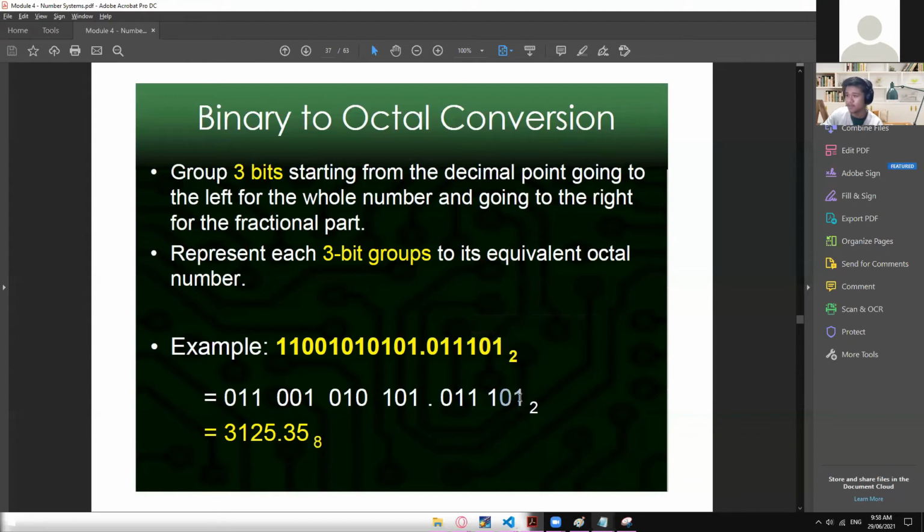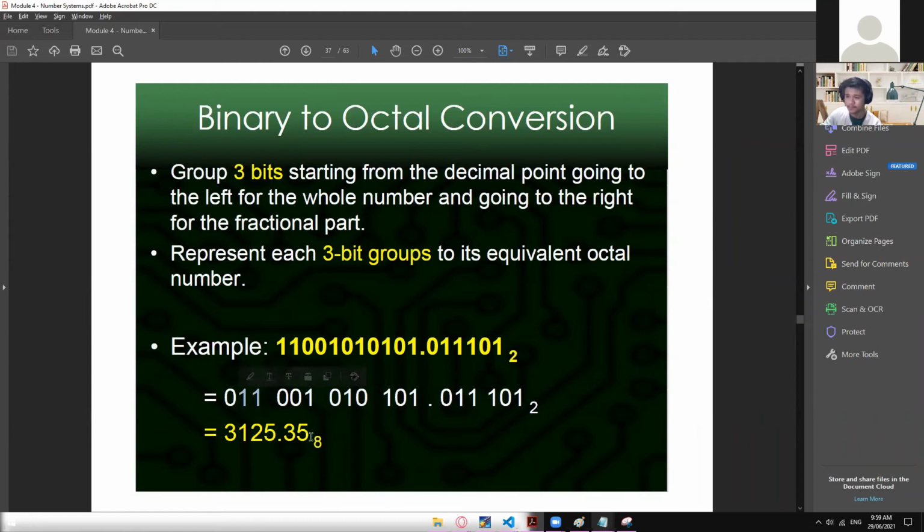So 101, 011, 101, 010, 001, and then 11 or 011. After that, you can now get the specific result of each 3-bit group. So starting from here, we have 4 plus 1 is 5, 2 plus 1 is 3, 4 plus 1 is 5, and then 2, and then 1, and then 3.